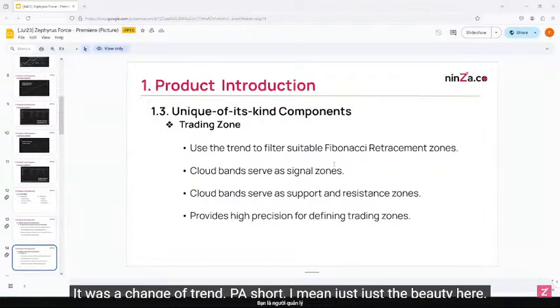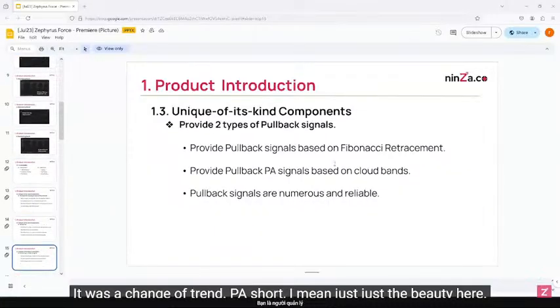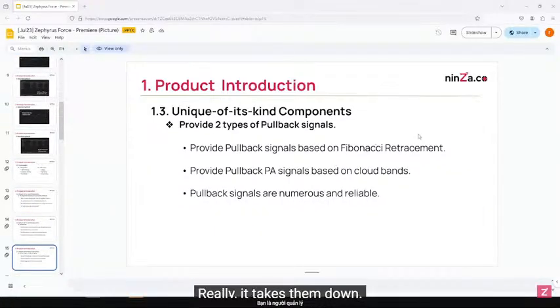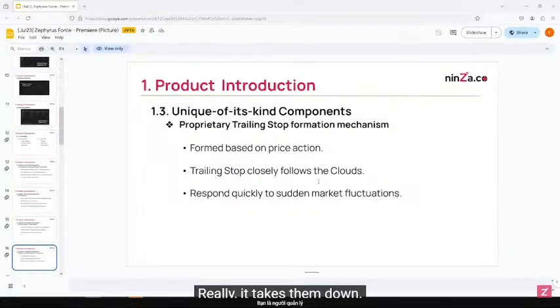Yeah, so we spoke about most of the stuff already. The PA signals, the Fibonacci retracement, we spoke about that. You can trail the price with the cloud, if that's what you want to do. I would just suggest taking hard targets.